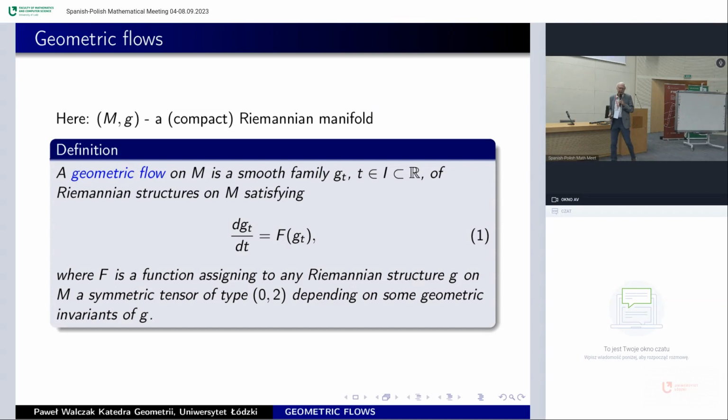And now, by definition of today, a geometric flow is a family of Riemannian structures satisfying some equation.